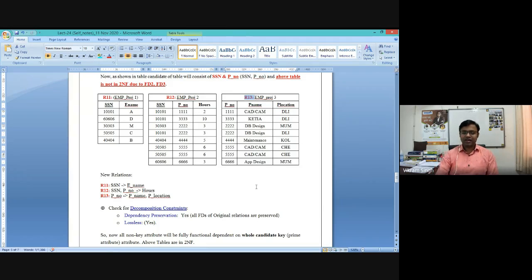Then only you can say this particular decomposition is lossless. We are not losing the connection, the common attribute between the pair of tables which we have just created, right? So if these two constraints are okay, positive, or on the green side, you can say this decomposition is successful.